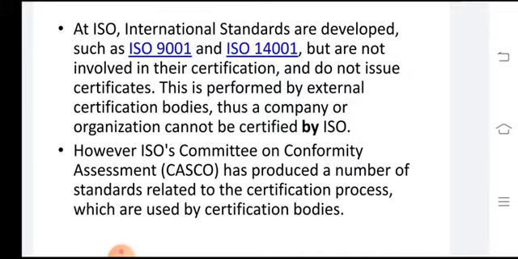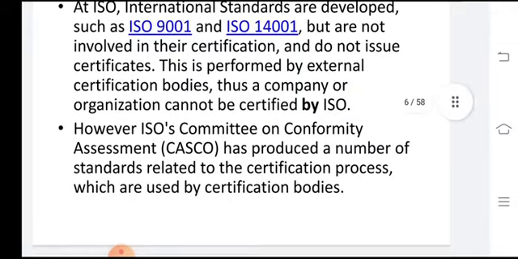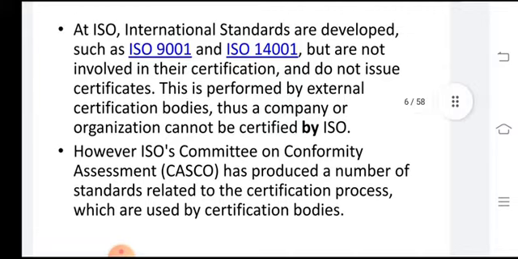So, for example, ISO 9001 and ISO 14001 are specific for a particular purpose. We will talk about it later. And again, these are about the systems, those systems which are responsible for maintaining the quality and the environmental standards as well as the quality insurance.